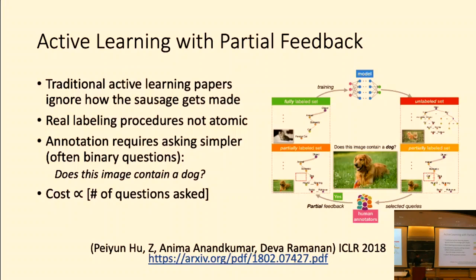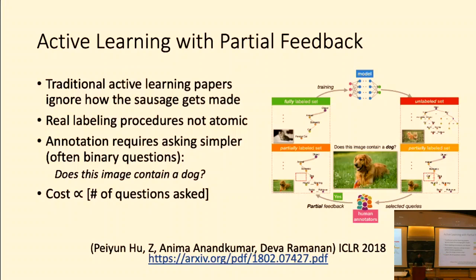But give me the label is not the atomic operation of crowdsourcing, right? Actually annotation requires asking simpler and often binary questions, like, does this image contain a dog? And the relevant notion of cost here in terms of our interaction mechanism should be the number of queries, not the number of examples that we want to annotate.